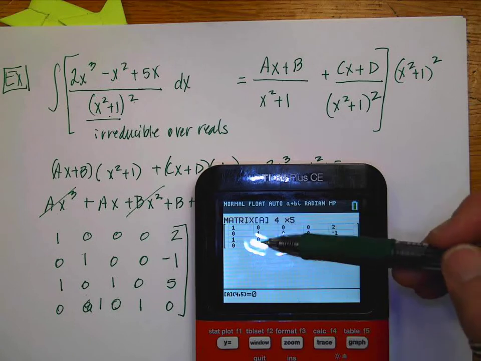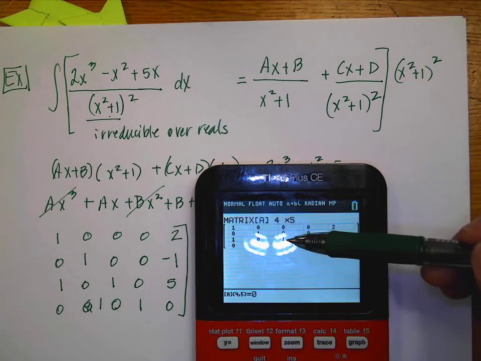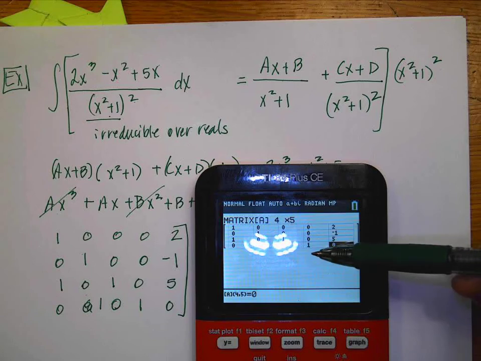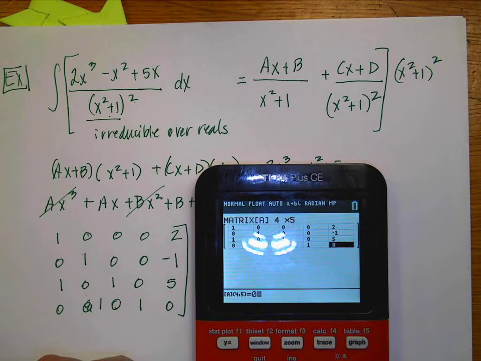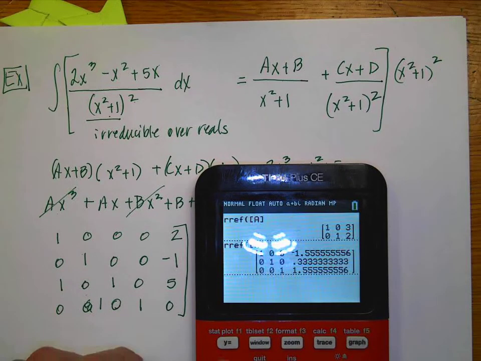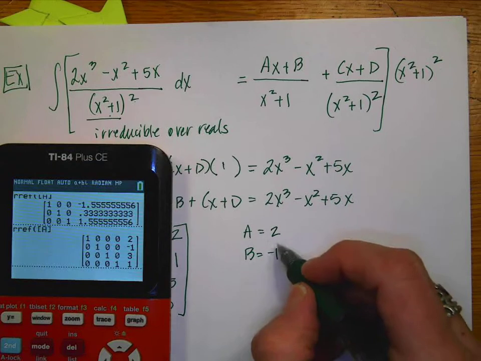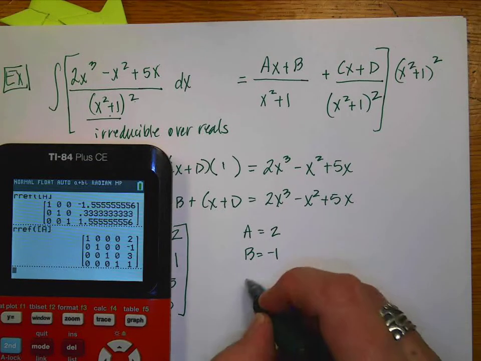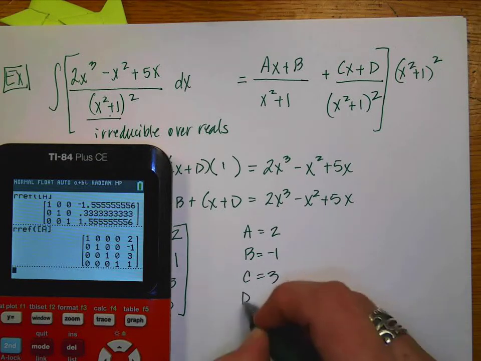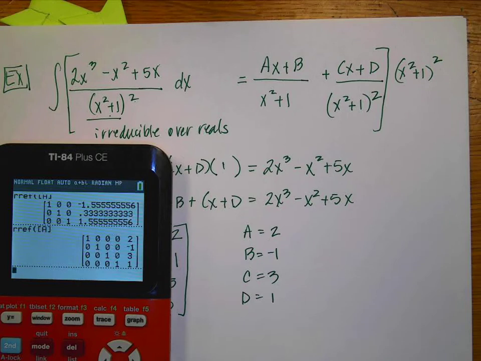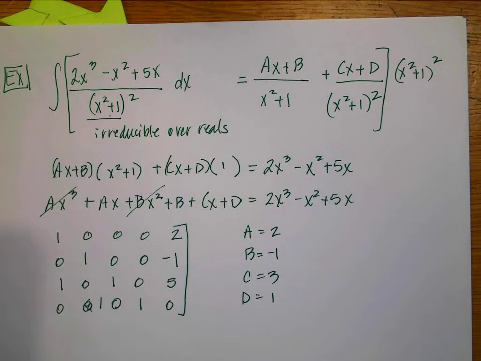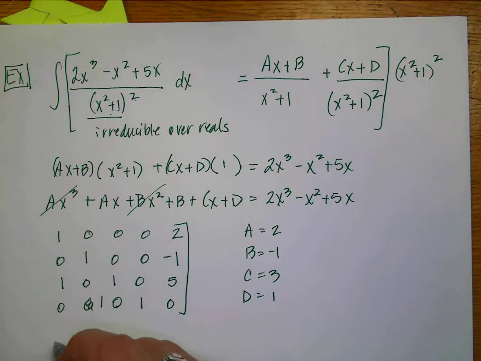Then I'm going to check it. 1, 0, 1, 0, 0, 1, 0, 1, 0, 0, 1, 0, 3 zeros and a 1, 2, -1, 5, 0. Enter. I'm going to quit. Second enter. And if you'll see, I got A is 2, B is a -1, C is 3, D is 1. And so now I can substitute these in to my integral.